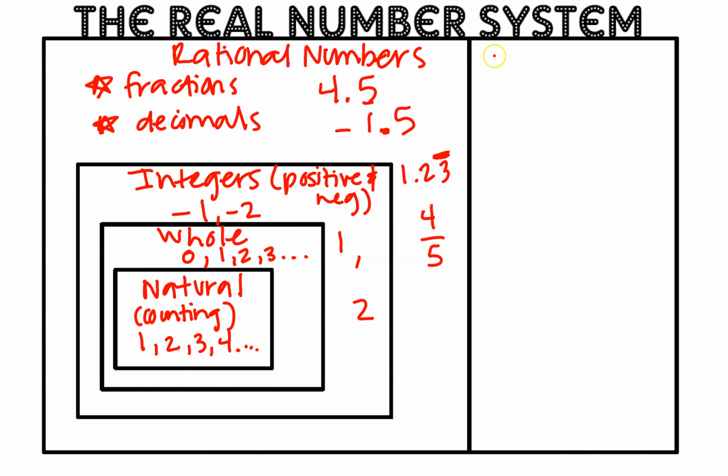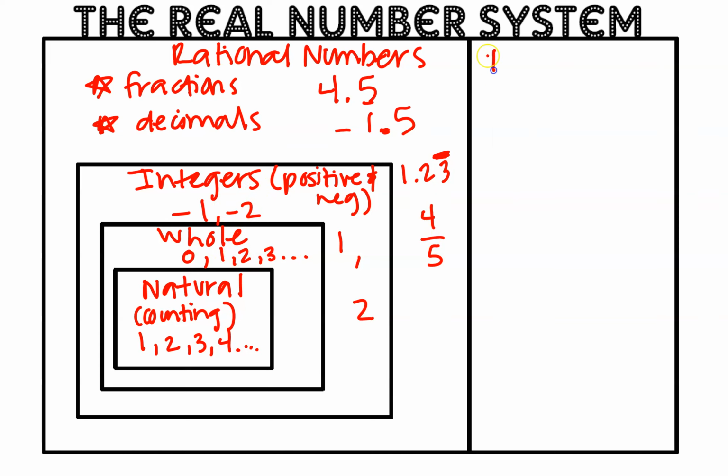On this side right here, we have irrational numbers. So irrational numbers, if you remember from the first lesson, what does it include? It includes non-perfect squares. What does that mean? Non-perfect squares are numbers that never end: decimals that never end and do not have a pattern.